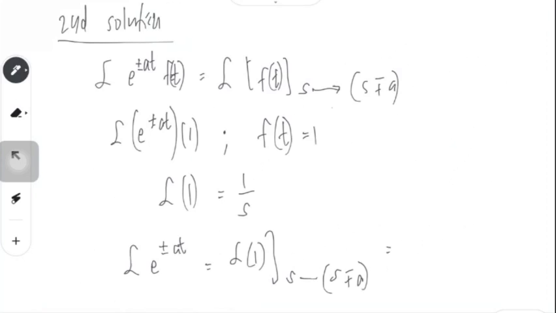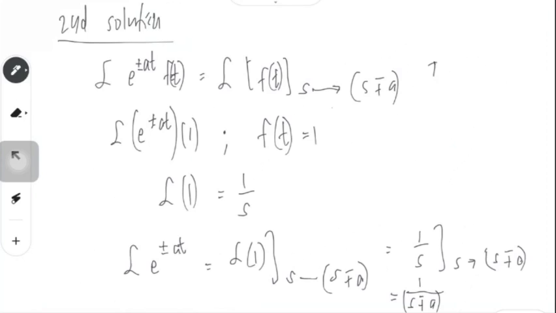It is 1 over s. 1 all over s, but you have to replace s by s negative positive a. So, ang magiging result niyan, magiging 1 all over s negative positive a. That is with the use of theorem number 2.